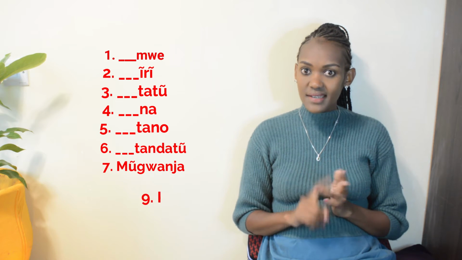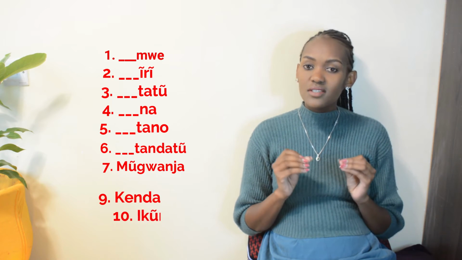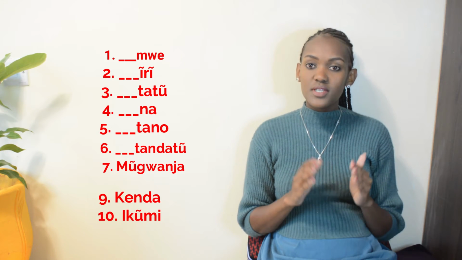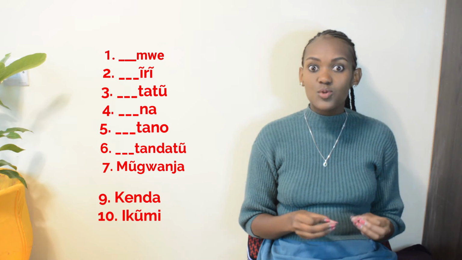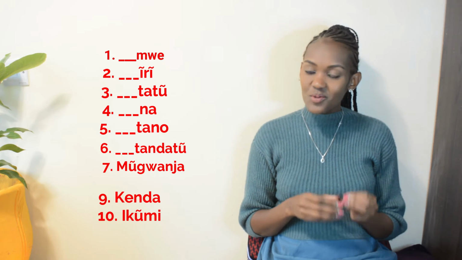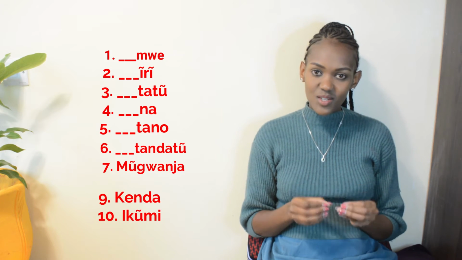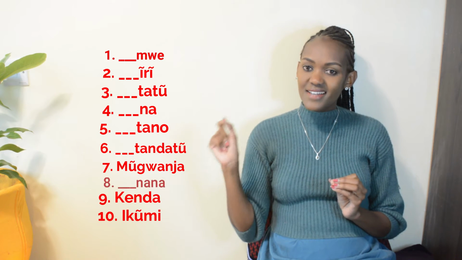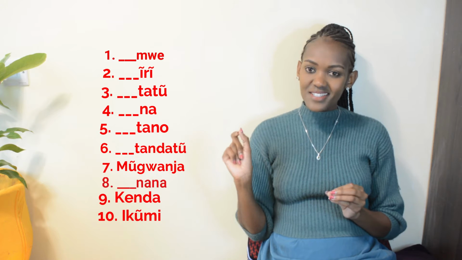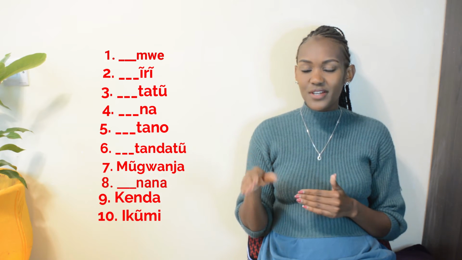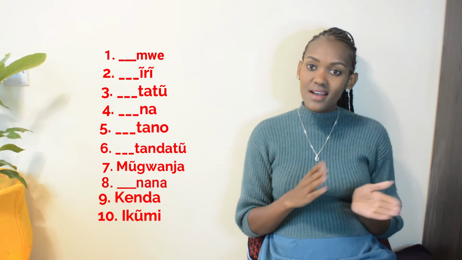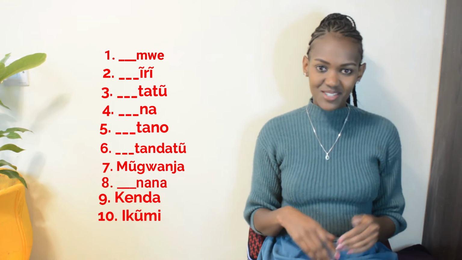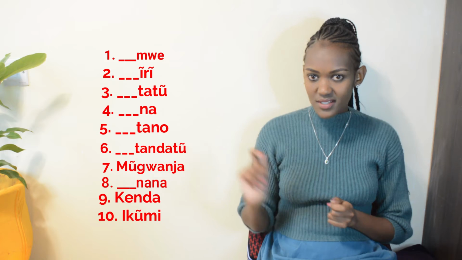So 7, 9 and 10 won't change. Whatever you count, with 7 it will always be mugwaja, with 9 it will always be keda, with 10 it will always be ikomi, but 8 will be nana. Just like we said 4 is na, now here we say nana. It's like na times 2, 4 times 2. So it will be nana with a dash.